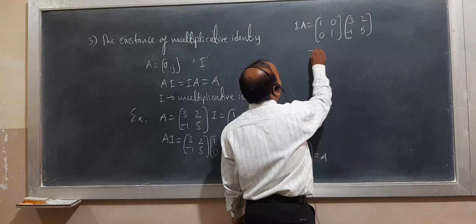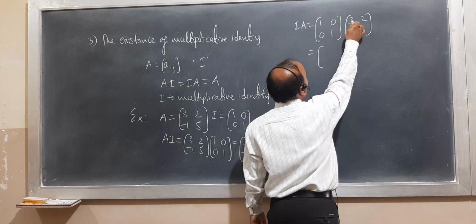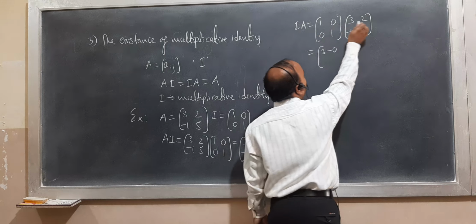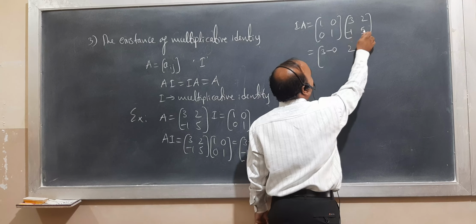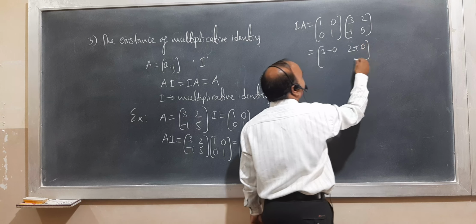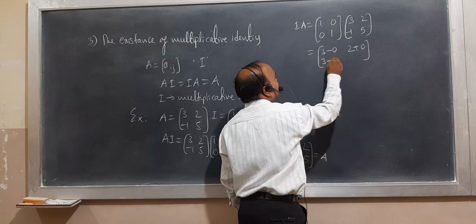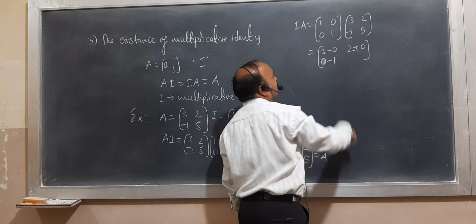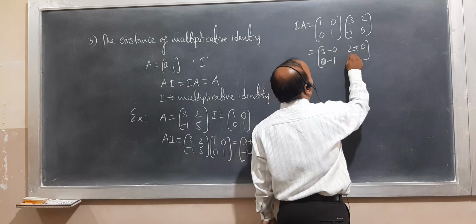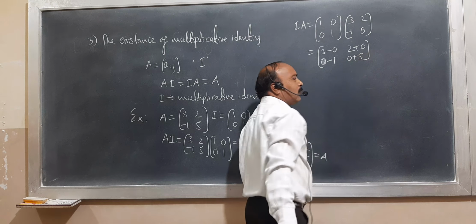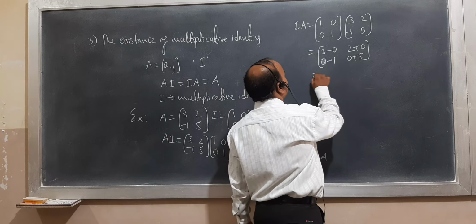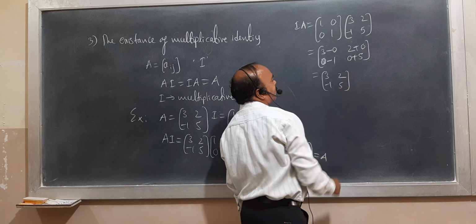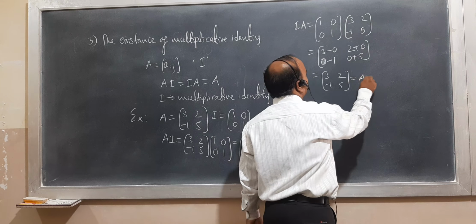Now you get again the same: 1 into 3 is 3, 0 into minus 1 is 0, 1 into 2 is 2, 0 into 5 is 0, 0 into 3 is 0, 1 into minus 1 is minus 1, 0 into 2 is 0, plus 5 into 1 is 5. Now you check. You get [3 2; minus 1 5] again. Now again it is equal to A.